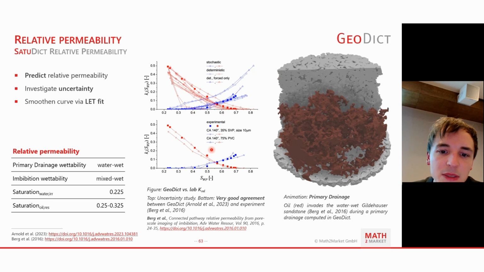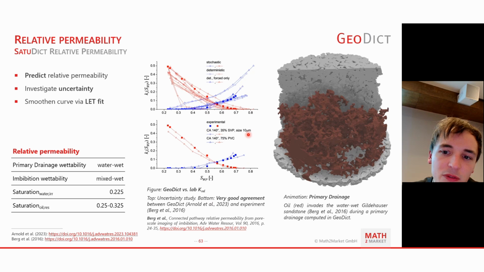As you can see here in the plots, many of the parameters were varied, and you get a distribution of different relative permeabilities if you run a variety of different parameters for pores that are considered to change their wettability after the drainage of the water, or the stochastically distributed contact angles within the structure.